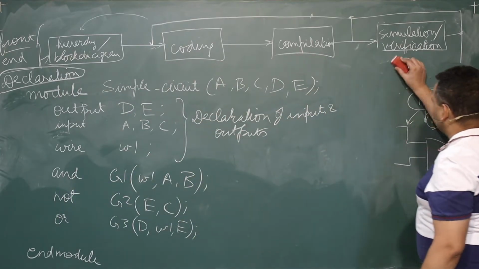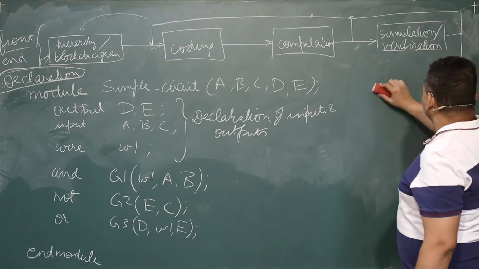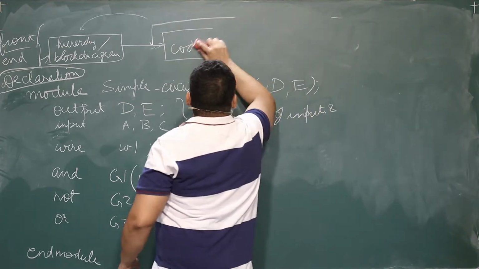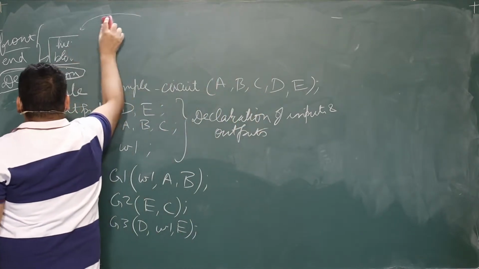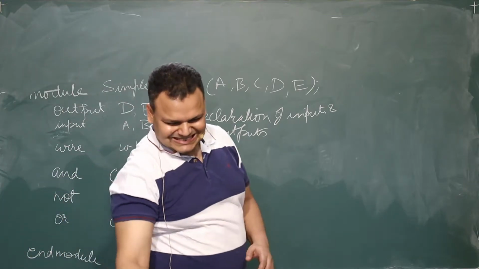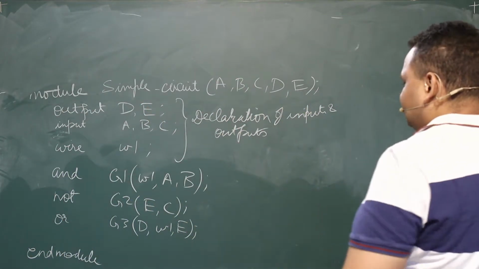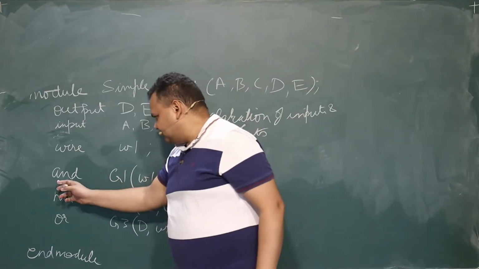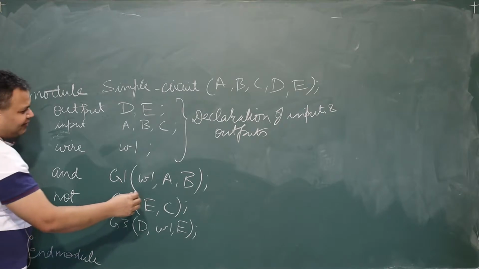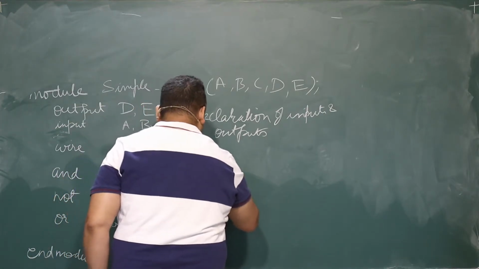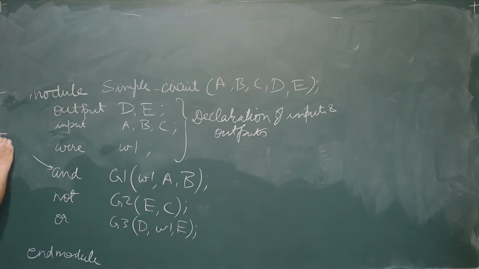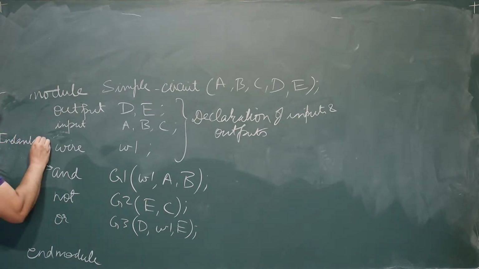So now let us look at what is happening here. So this was declaration. This is called instantiation. We are creating an instance.